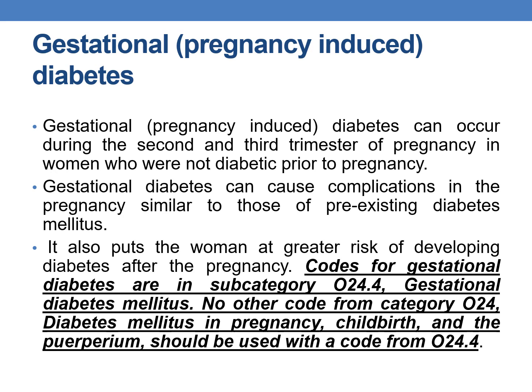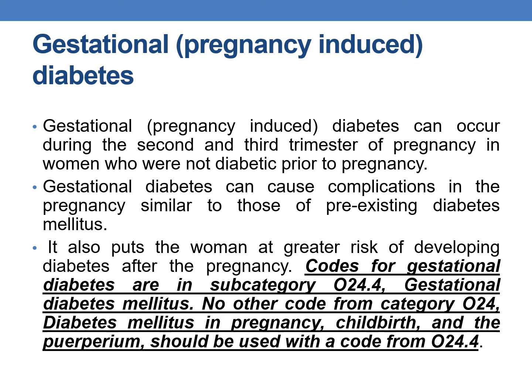Now coming to gestational or pregnancy-induced diabetes. The gestational or pregnancy-induced diabetes can occur during the second and third trimester of pregnancy in women who were not diabetic prior to pregnancy. Gestational diabetes mellitus is different from pre-existing diabetes mellitus.